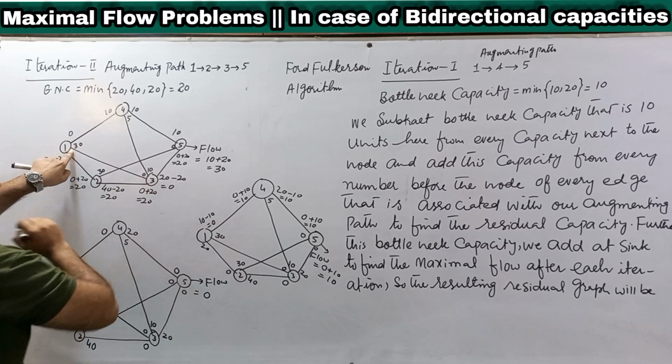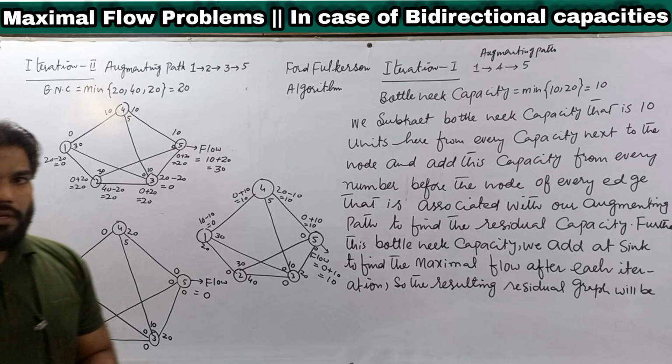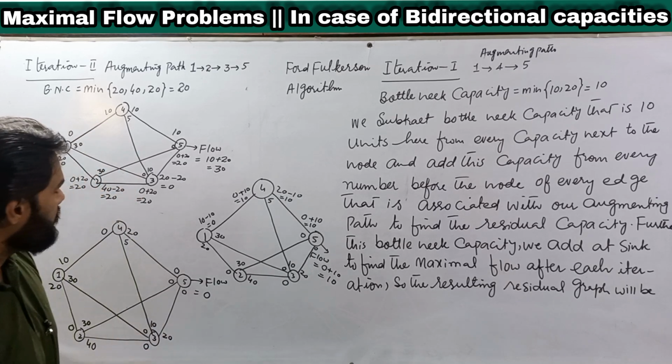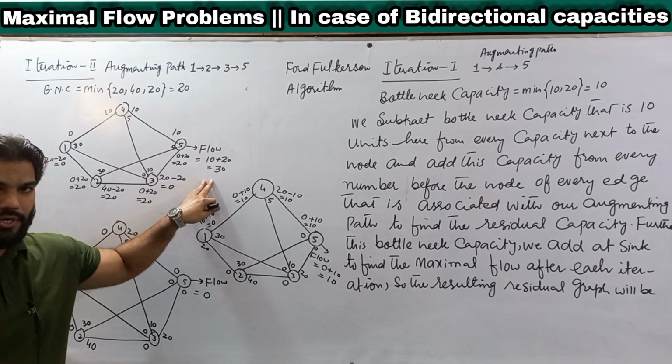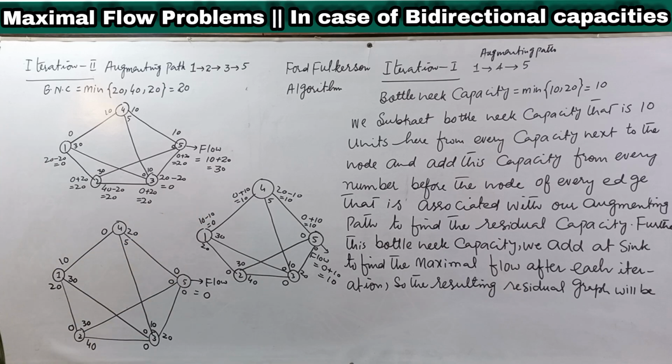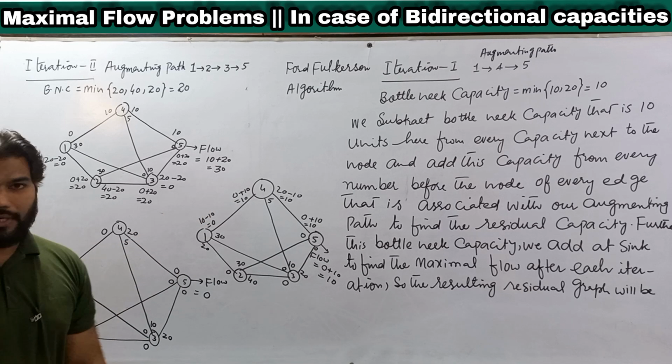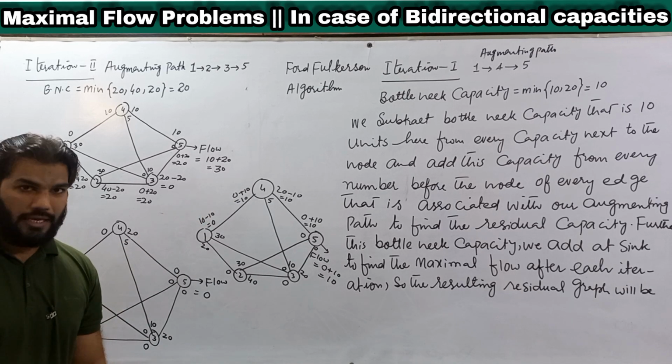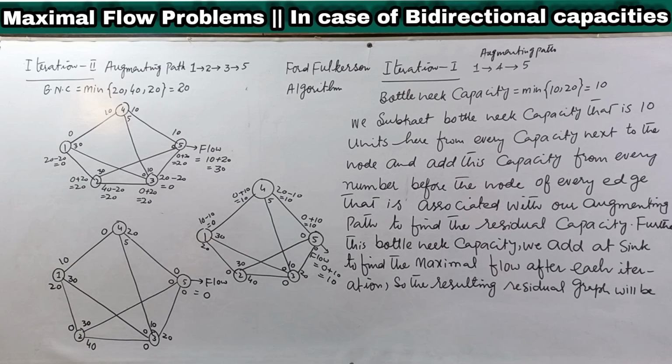After the second iteration, our flow is 30 units. Next we move to iteration 3, and again we find an augmenting path if possible.